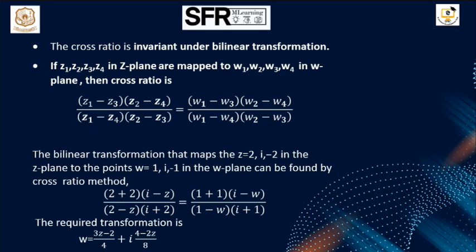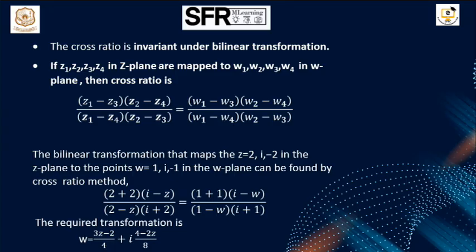The bilinear transformation that maps the points z equal to 2i, minus 2 in the z plane to the points w equal to i, minus 1 in the w plane can be found by the method of cross ratio, that is (2 plus 2i minus z) divided by (2 minus 2i plus 2), that's equal to (1 plus i minus w) divided by (1 minus w i plus 1).